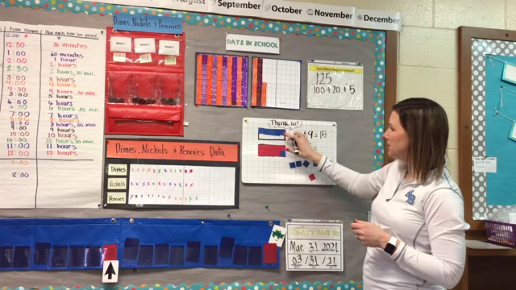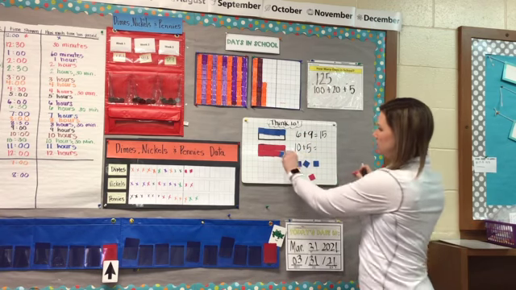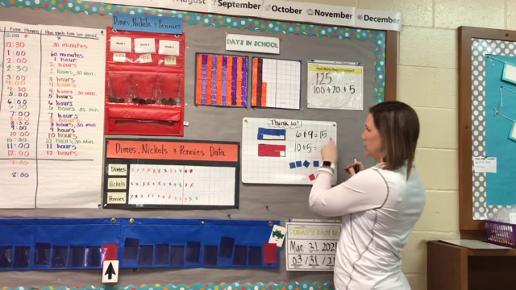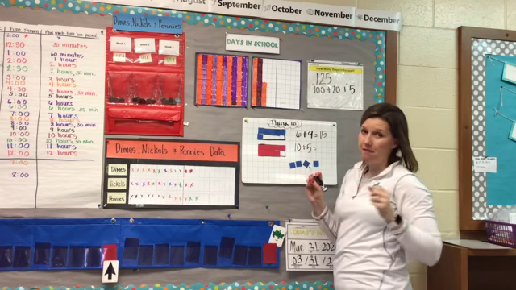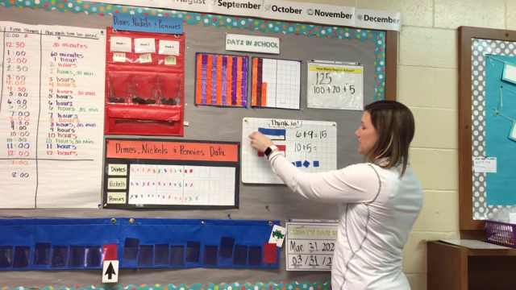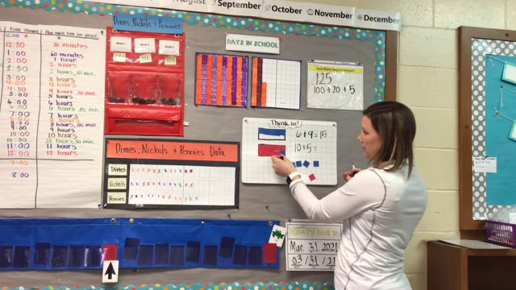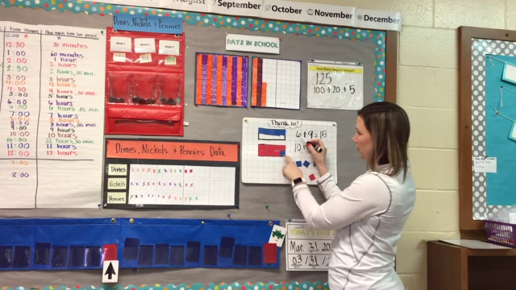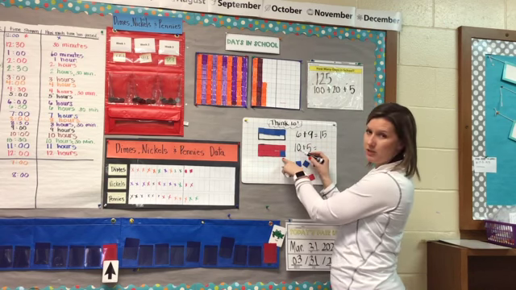So here's our 6. Our 6 plus 9 equals 15, but a very fast way is to think of it as a 10. I only had to move 1 over from my 6 to make a new 10.